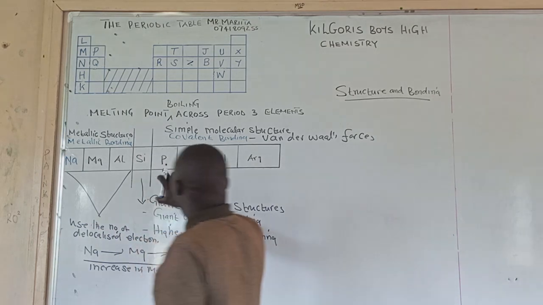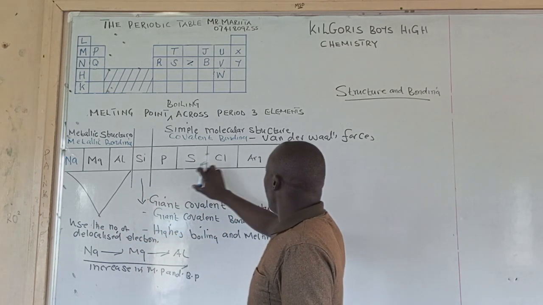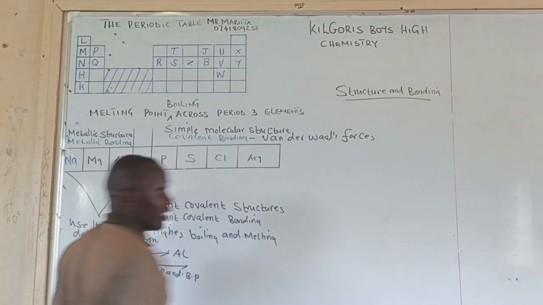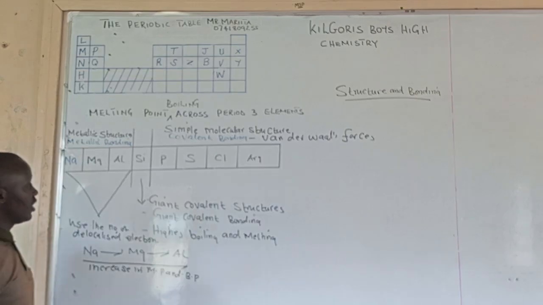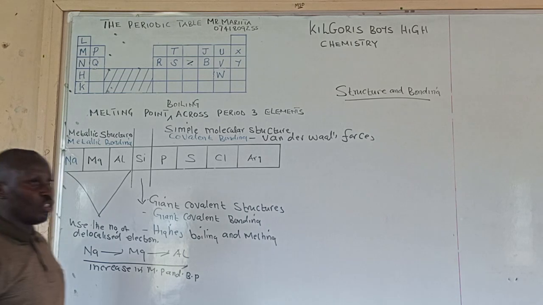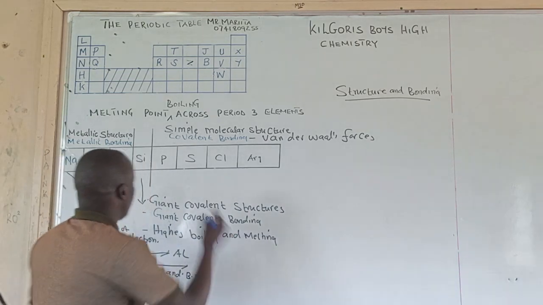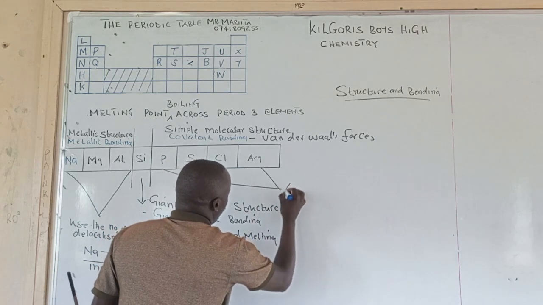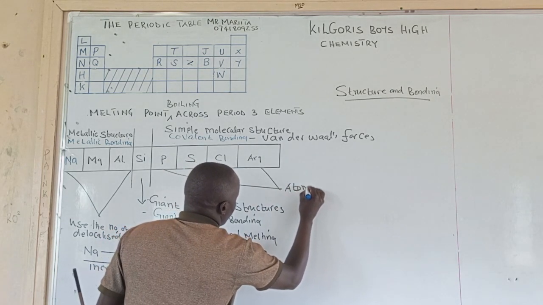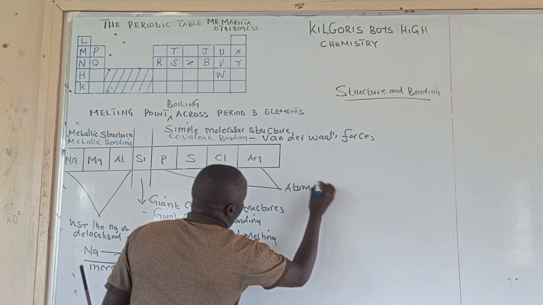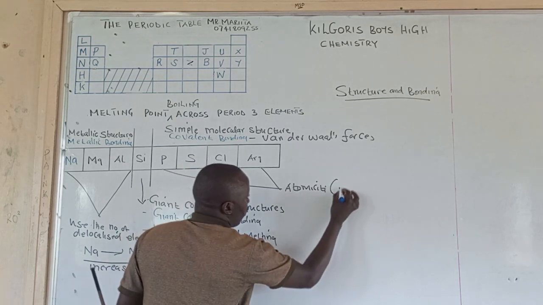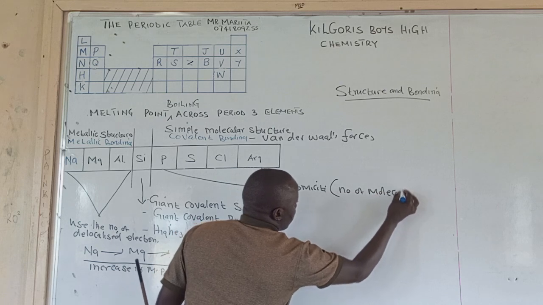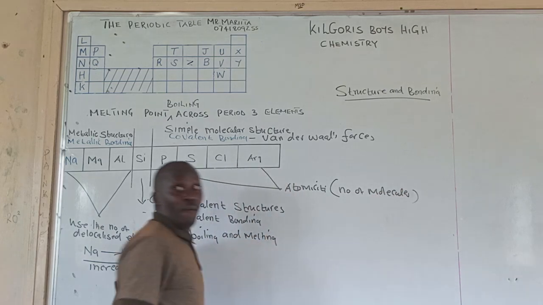On this side of phosphorus, sulfur, chlorine, and argon, we are not using the number of delocalized electrons, but we are using the size of the molecule, or what we call the atomicity. Atomicity is the number of atoms in a molecule.